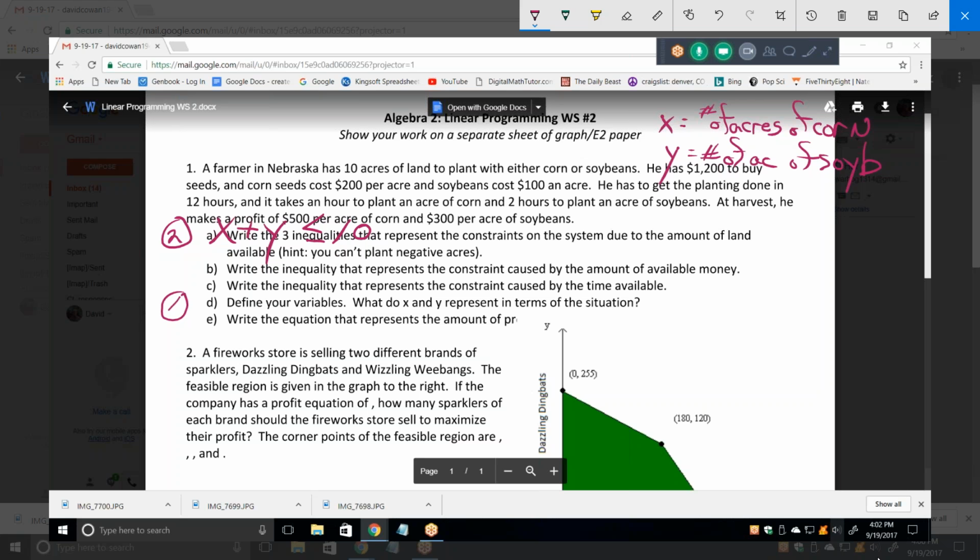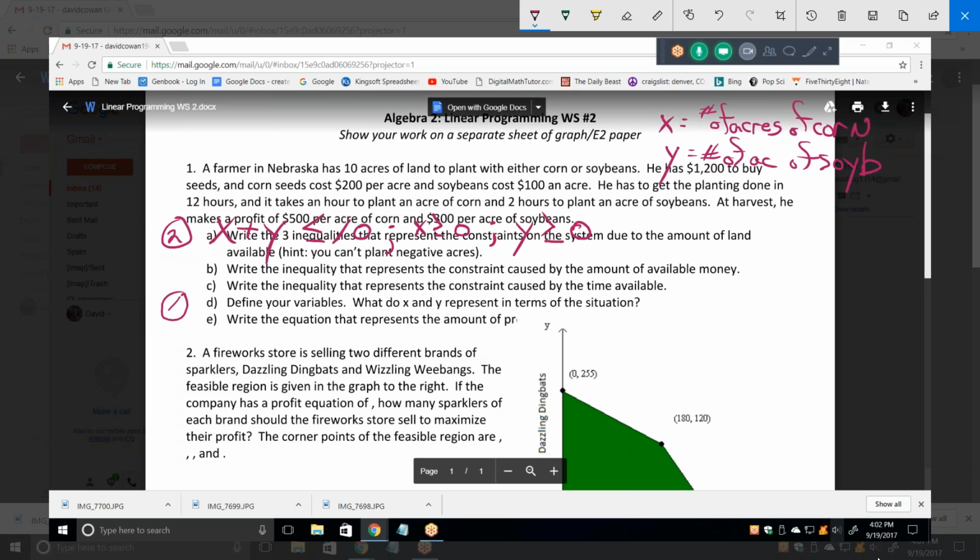Okay? Now, they say write the 3 inequalities. The other 2 you just kind of have to have experience at. And it says, hint, you can't plant negative acres. Therefore, X has to be greater than or equal to 0, and Y has to be greater than or equal to 0. Okay?